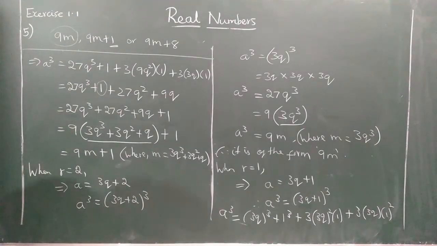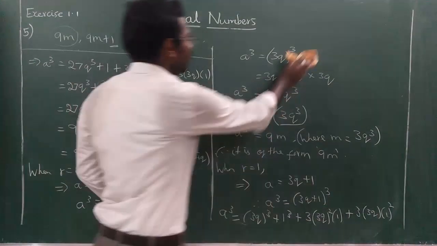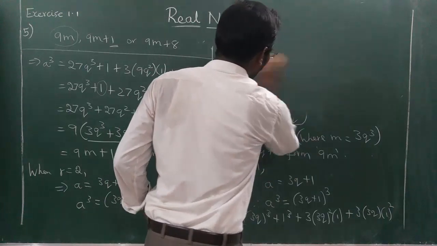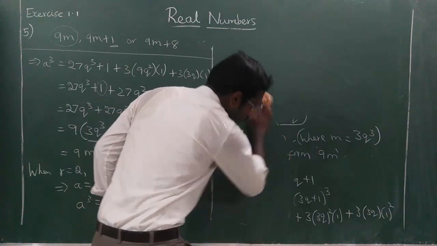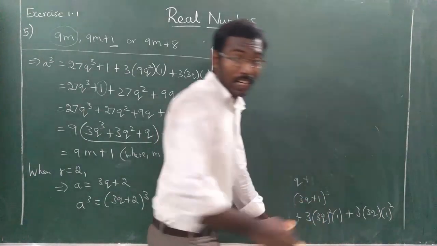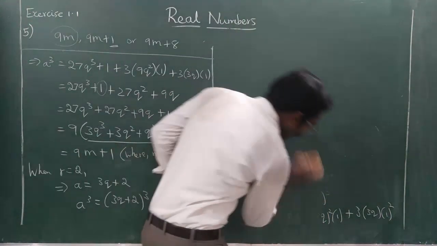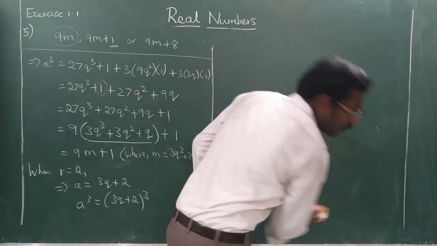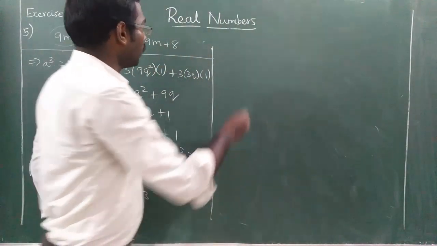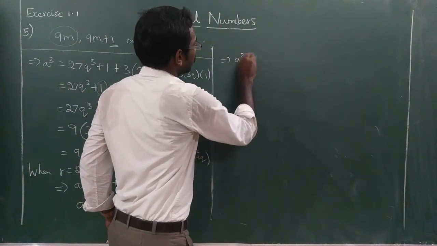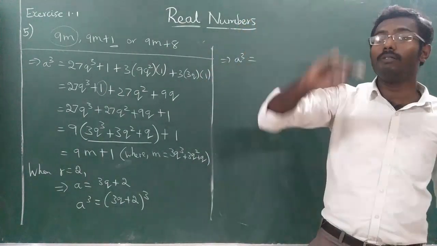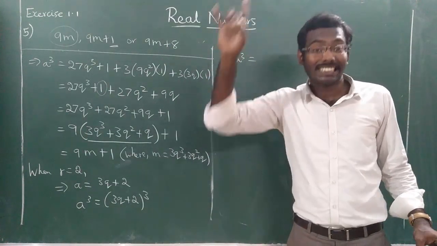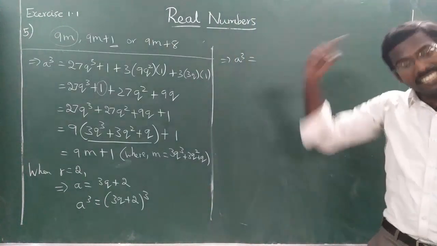Again we have to apply the same formula, (a + b) the whole cube. You know very well (a + b) the whole cube formula. Rudra Narayan, please tell the (a + b) the whole cube formula. Yeah, that is a³ + b³ + 3a²b + 3ab².